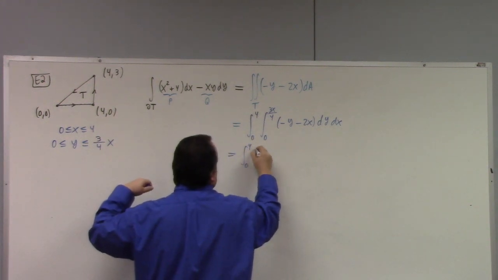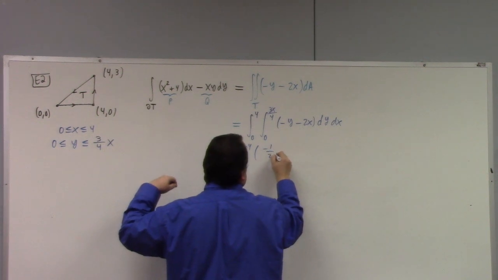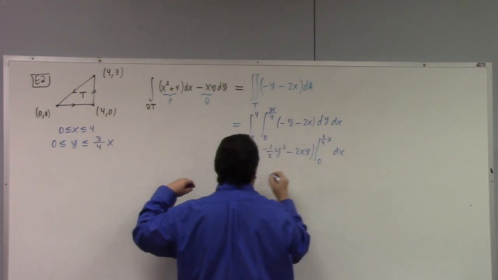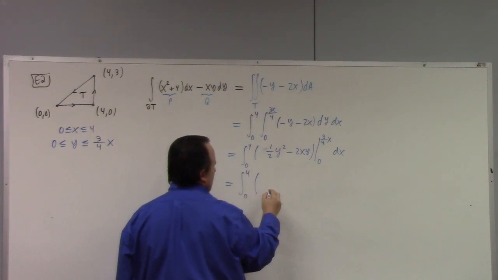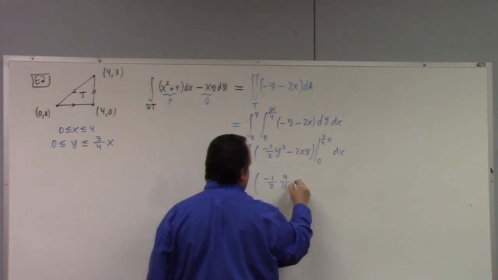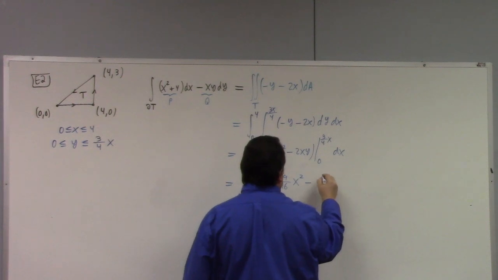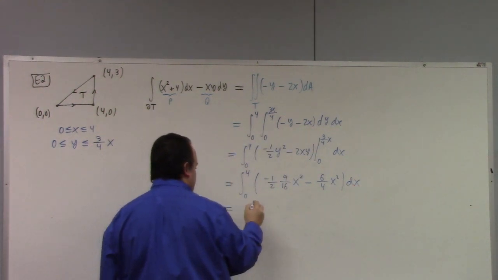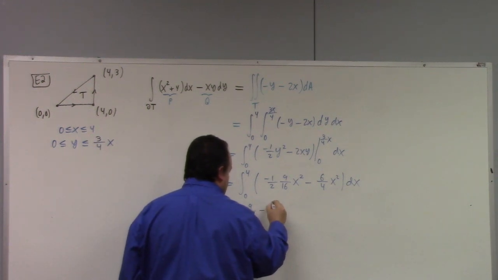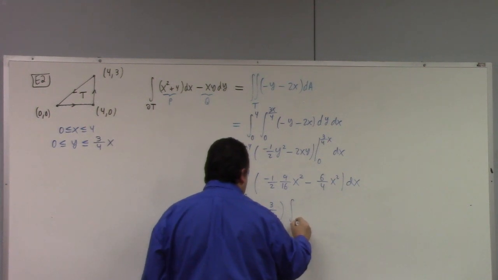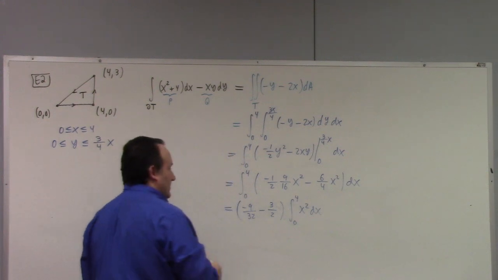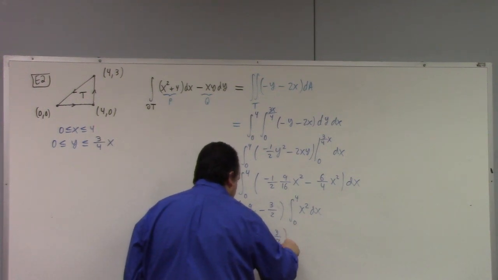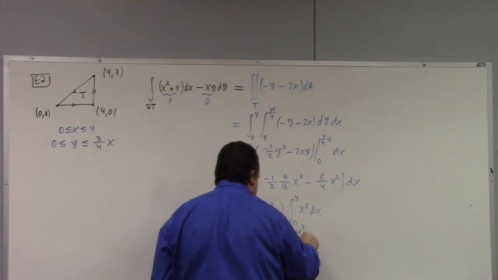So that's integral from 0 to 4 of, let's see here, minus 1/2 y squared minus 2xy evaluated from 0 to 3/4 x dx, which is the integral from 0 to 4 of minus 1/2 of 9 over 16 x squared minus 6 over 4 x squared dx, which is like minus 9 over 32 minus 3 over 2 times the integral from 0 to 4 of x squared dx, which is minus 9/32 minus 3/2 times 4 to the power 3 divided by 3.